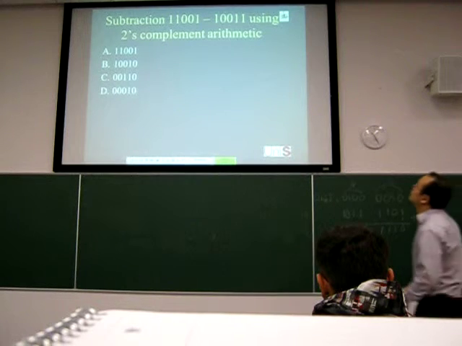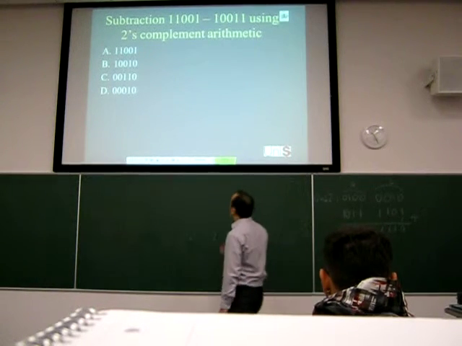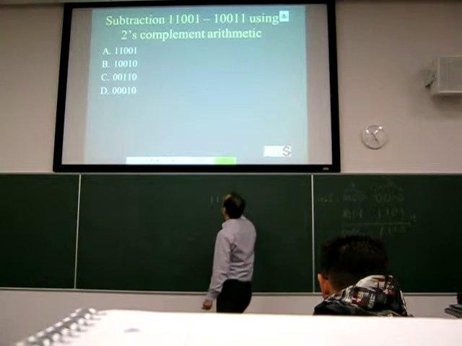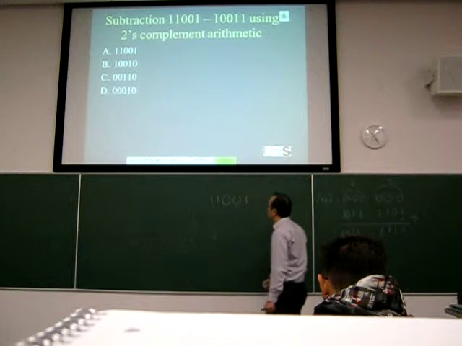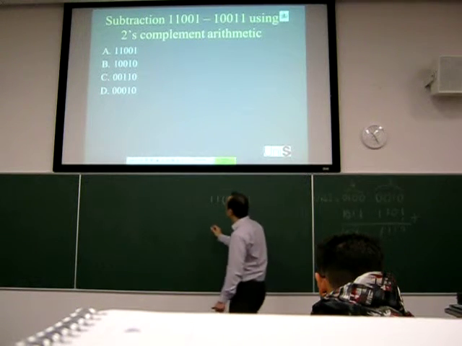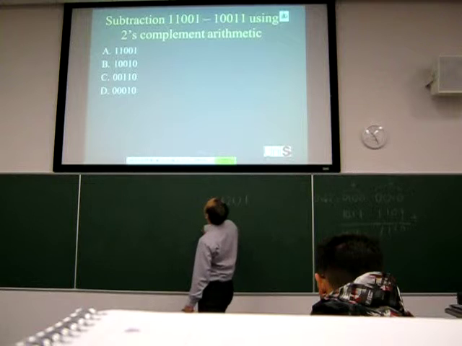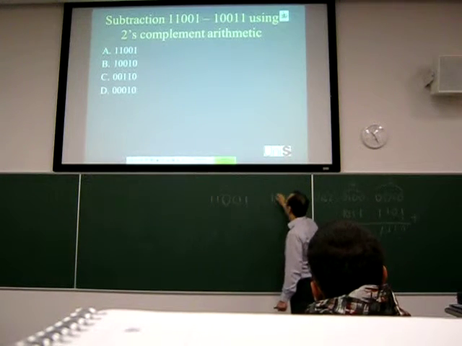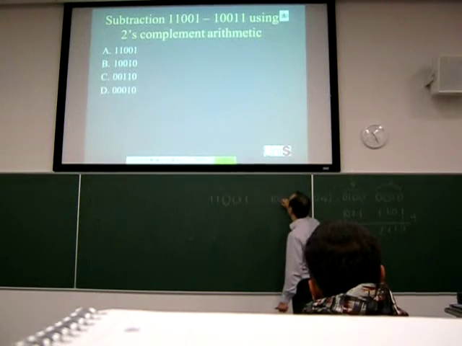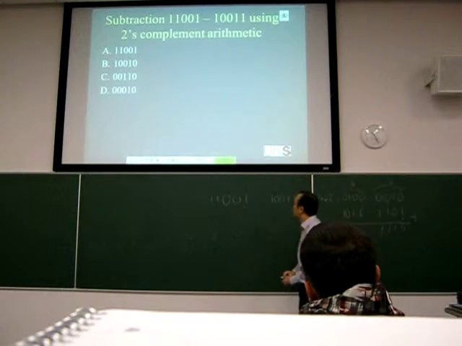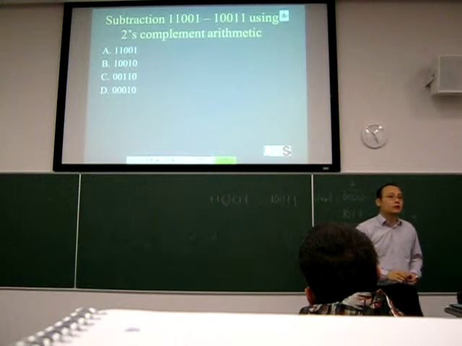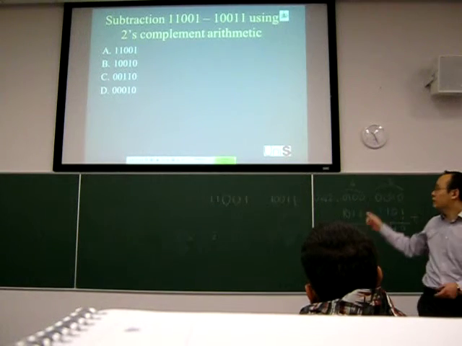We have one, and then we need to subtract the other one, which is 1, 0, 0, 1, 1. I would like a volunteer to do 2's complement of this one.